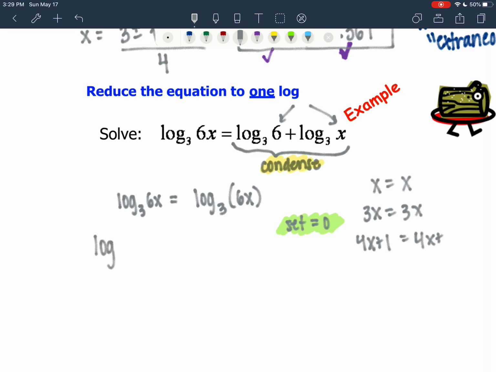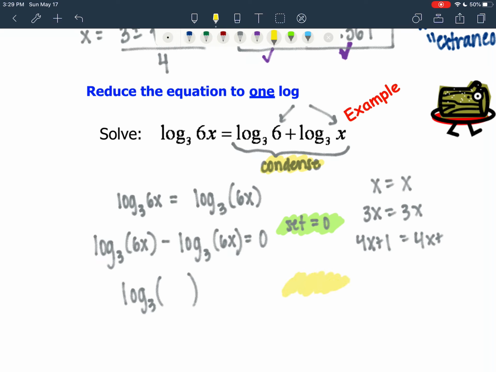So we'll have log base 3 of 6x minus log base 3 of 6x. It looks like we're subtracting something from itself, but we're going to keep going. Now we're going to have log base 3, and we're going to condense again.